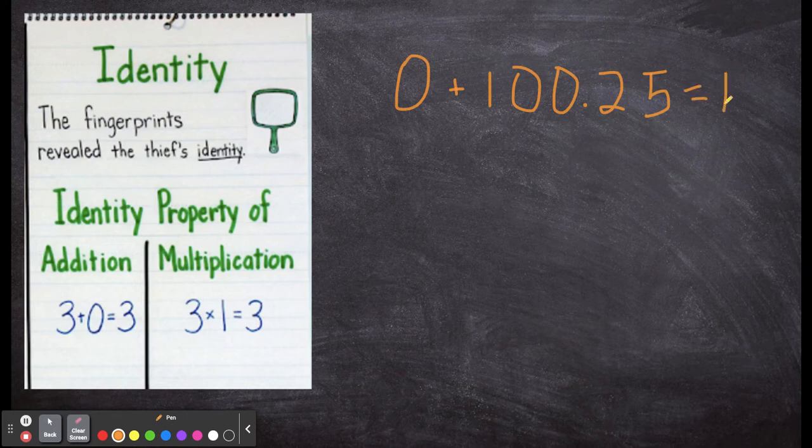That's why it's called identity. Think about the fingerprints reveal the identity thief, right? Like you're going to see your reflection through the mirror, right? So it's going to give you the exact same number back.